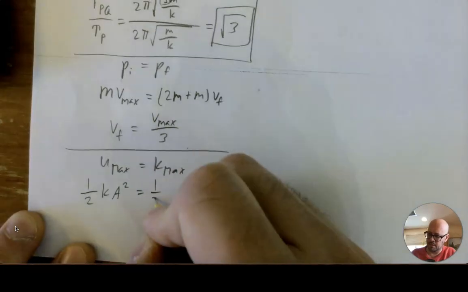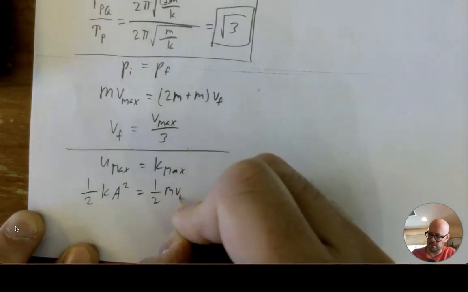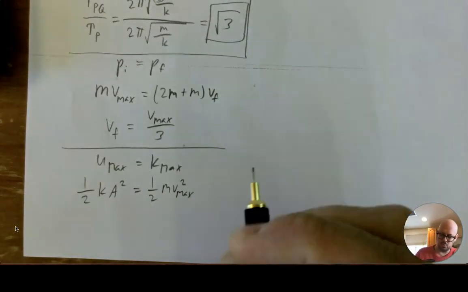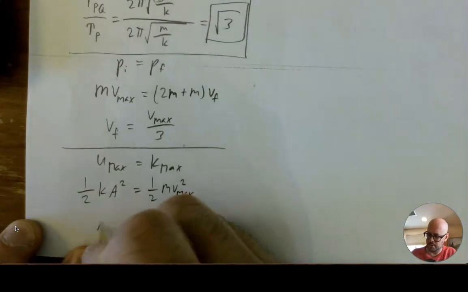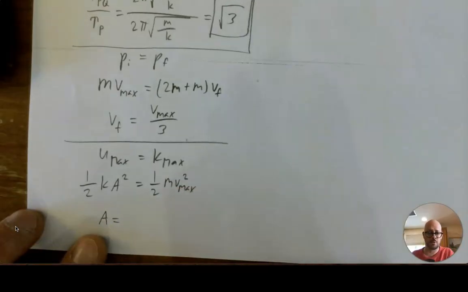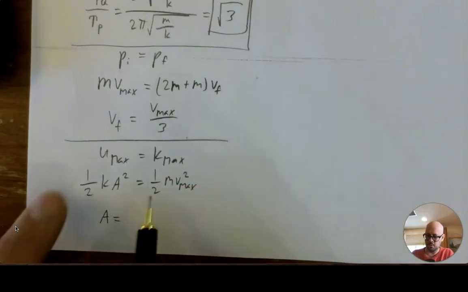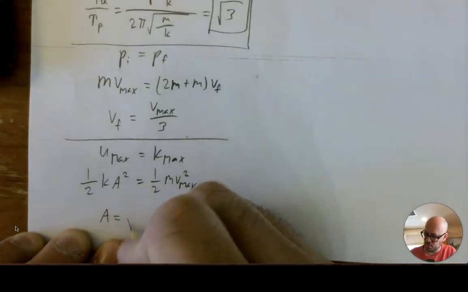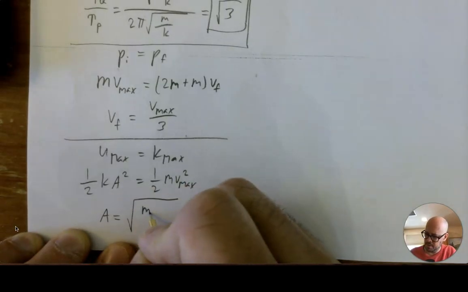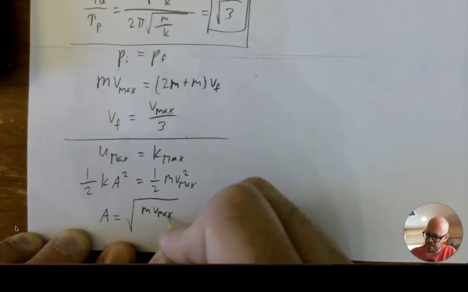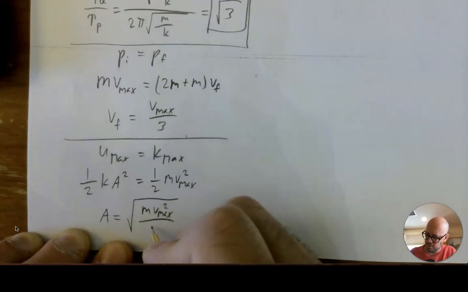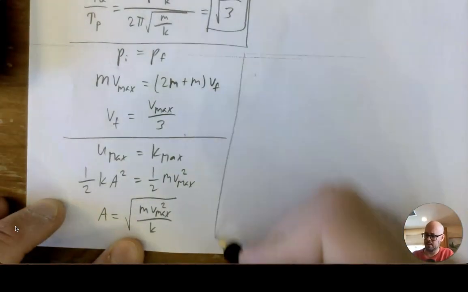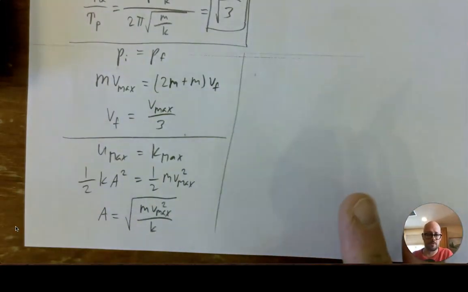The kinetic energy is based on the maximum speed. So I can solve and get a generic expression for amplitude. The 1/2s cancel, and so I get the square root of m Vmax squared over k.